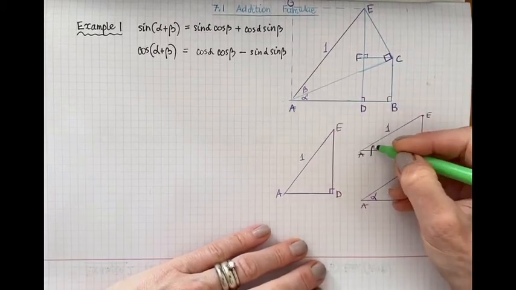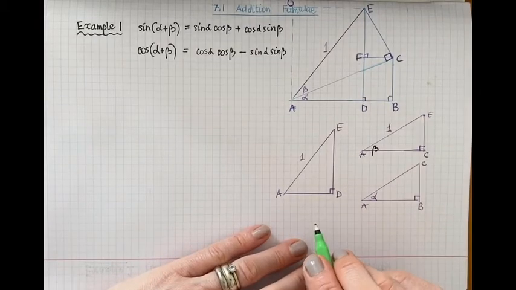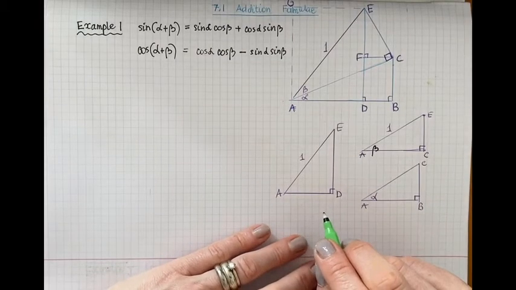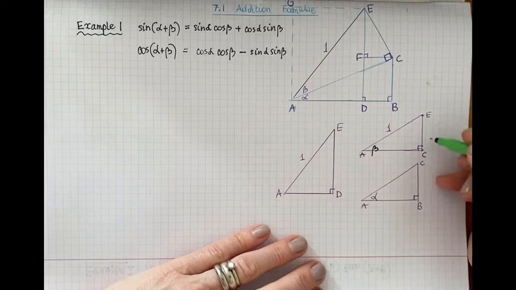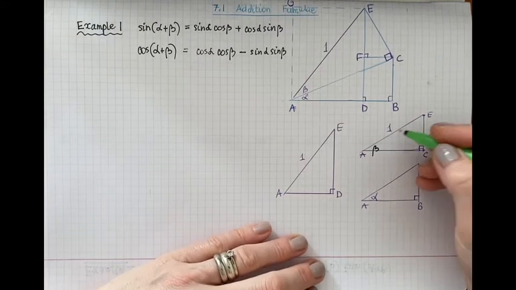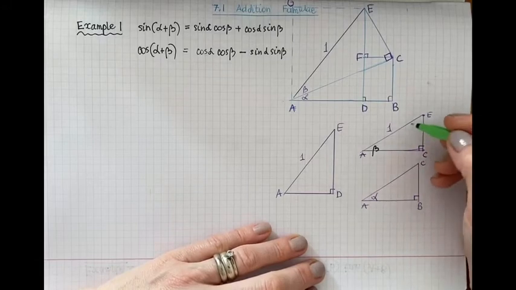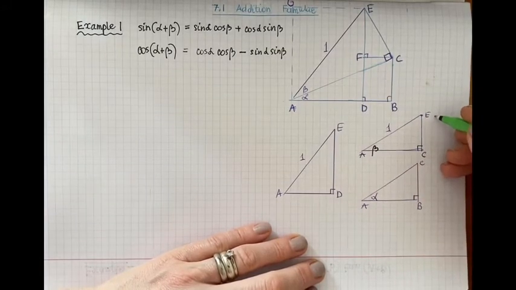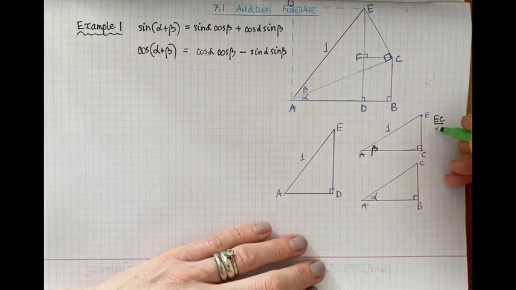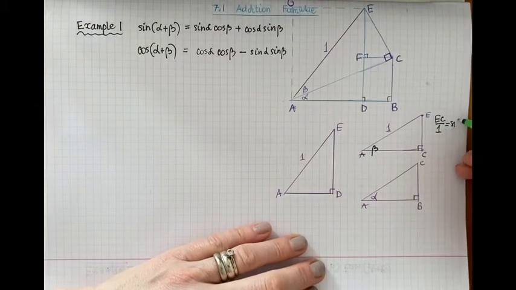This angle here, we are going to name angle beta. With simple trigonometry, EC over 1, so opposite over hypotenuse, is equal to sine beta.